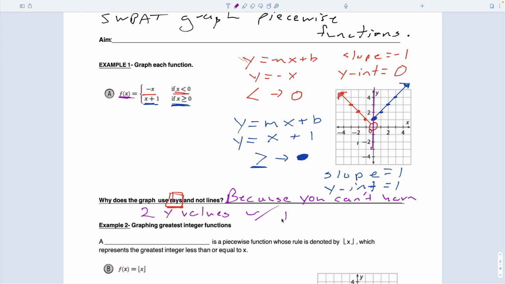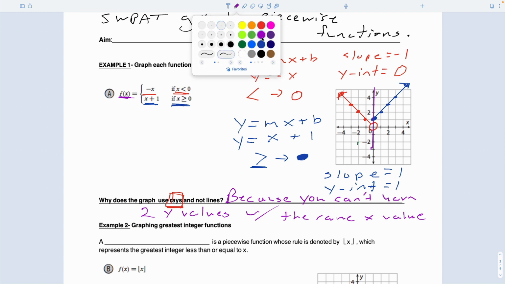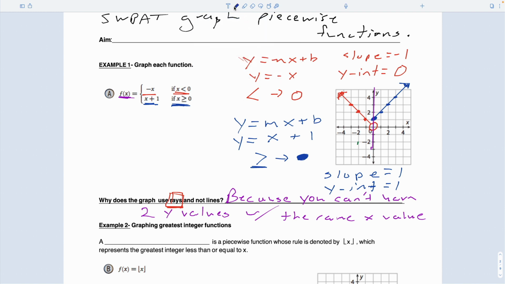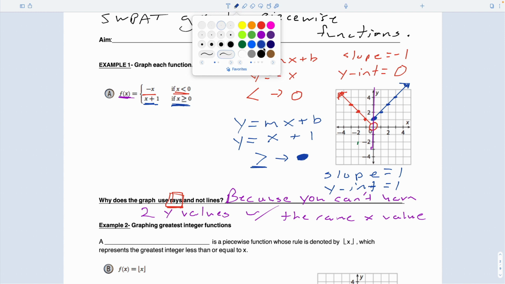Two y values with the same x. Okay, question, Elia. Why is only the first point on the first equation an open circle? Let's check. It'll be a little bit different depending on what piecewise function you have. But if we put in a 0, this is 0 where it's opened, right? So let's just say x is 0, y is 0.